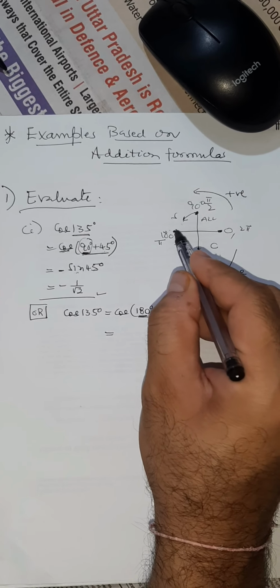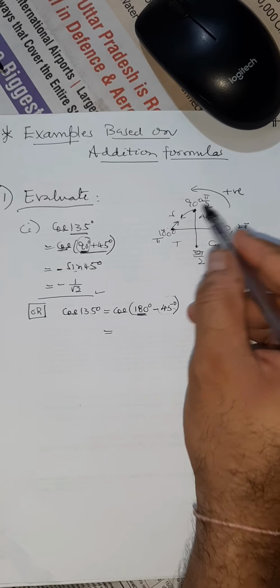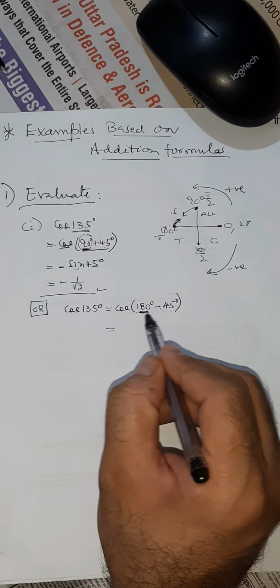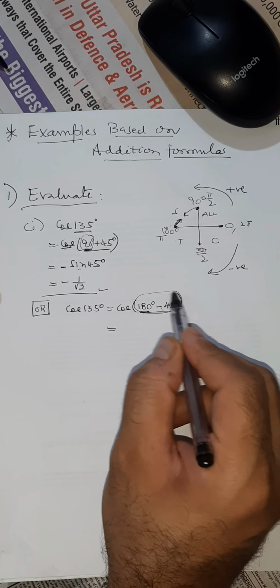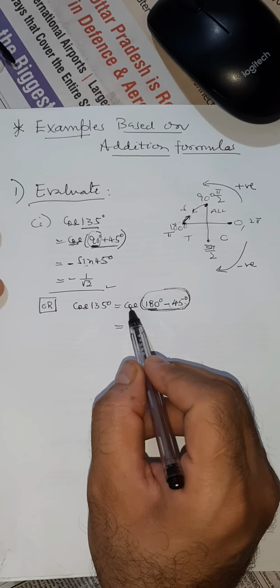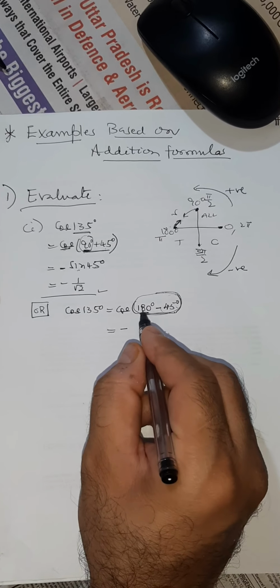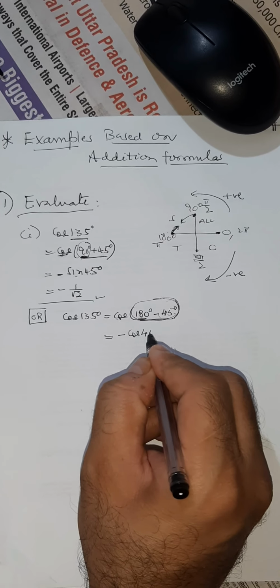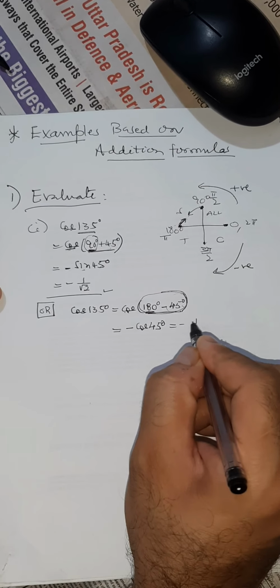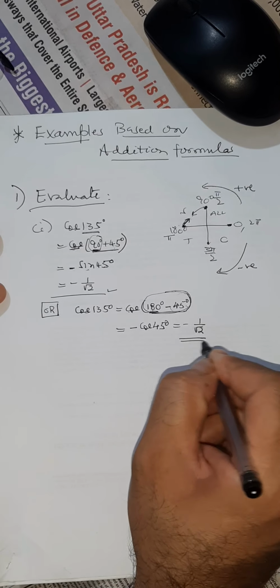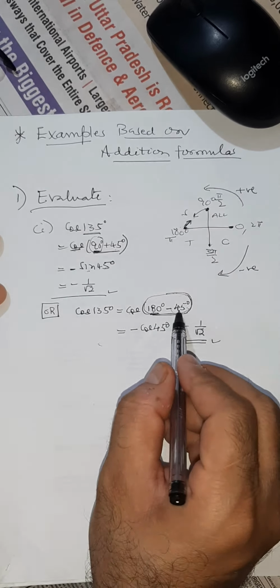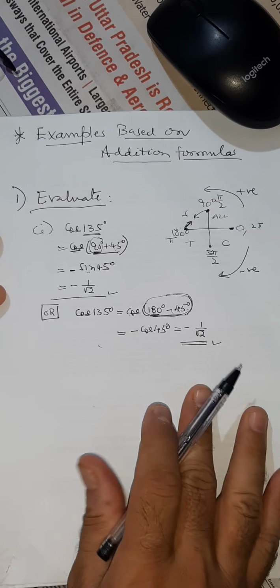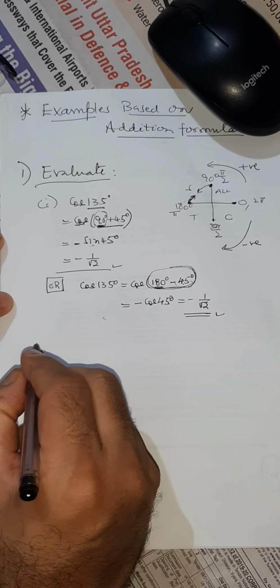Here you have pi or 180 minus something, that is clockwise. So again second quadrant. In the second quadrant, cos is negative, minus, and pi is there, so cos remains the same, so cosine 45. So again minus 1 by root 2. Your answer is the same, remember, whether you do 180 minus 45 or 90 plus 45. Whichever way you like, you can do it.